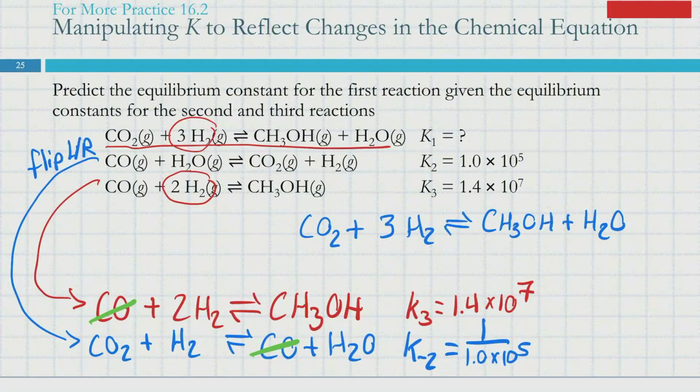And then when we combine the reactions, what does that mean we do with our K values? Yeah, we multiply them. So K1 is going to be 1.4 times 10 to the 7 over 1.0 times 10 to the 5.